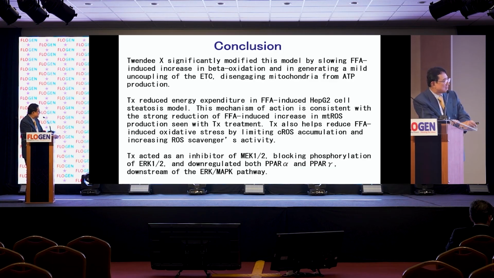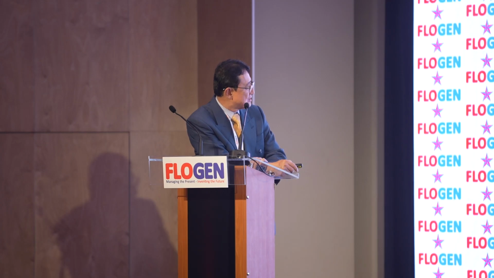This mechanism of action is consistent with a strong reduction of FFA-induced increase in mitochondrial ROS production seen with Twendee X treatment. Twendee X also helps reduce FFA-induced oxidative stress by limiting cellular ROS accumulations and increasing ROS scavengers activity.